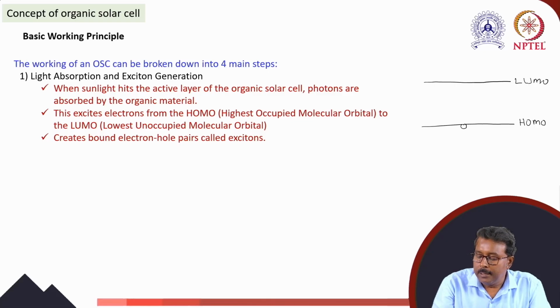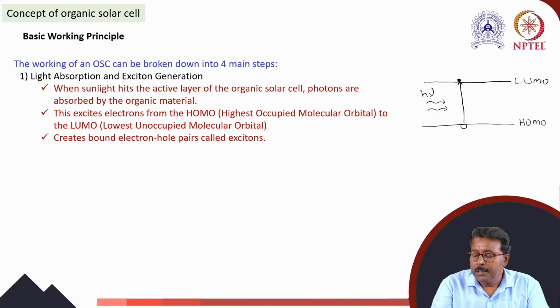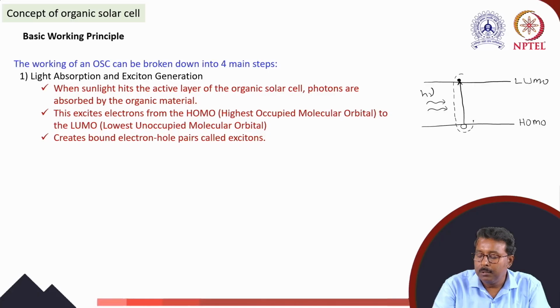When light is incident, an electron transits from HOMO to LUMO, but we are not calling this an electron hole pair. We are calling it an exciton because this electron and hole are weakly bound. The binding force between these two is weak, but they are bound. This is called exciton.